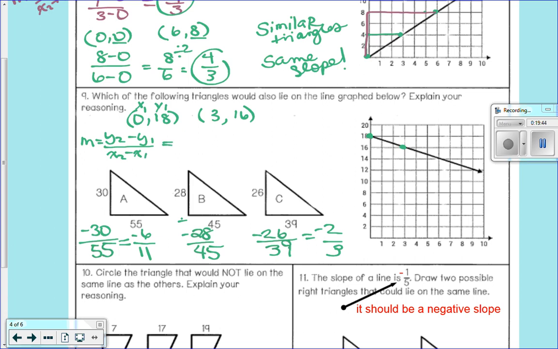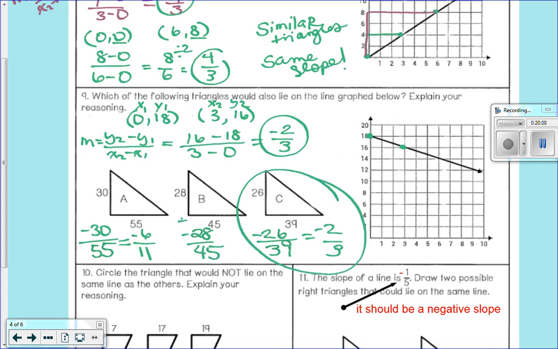And our second y value is 16 minus 18. And then we have 3 minus 0. What's 16 minus 18? -2. Good. 3 minus 0 is 3. So we're looking for a slope that's negative 2/3, and that is triangle C. Are we good? Yeah.